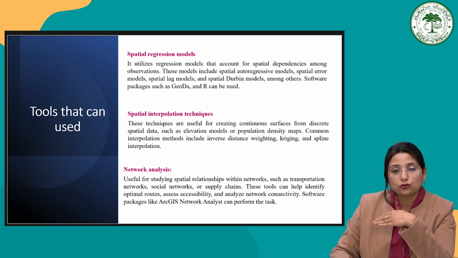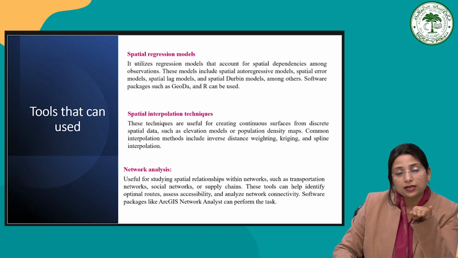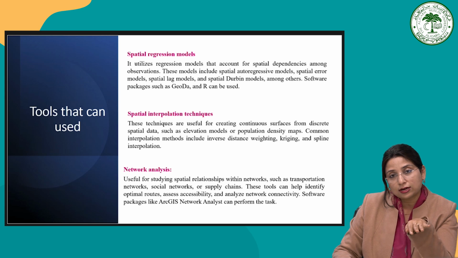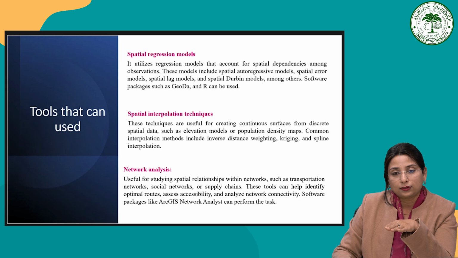These techniques are useful for creating continuous surfaces from discrete, meaning broken, spatial data. So we are producing continuous surfaces or continuous data from broken or discrete data, and there are various methods of interpolation.